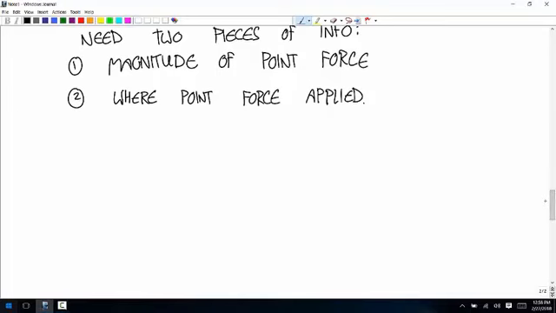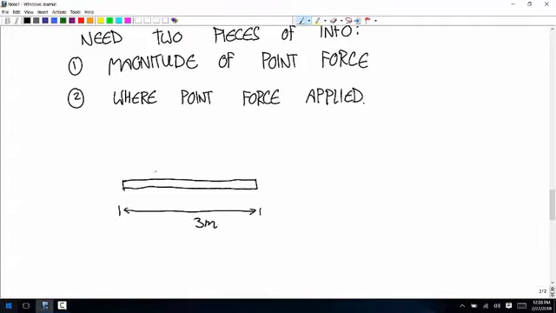Okay, so let me make up an example. Let's say we have a beam with a length of 3 meters, and let's say that the distributed load has a triangular shape, and at the maximum, that's 10,000 newtons per meter.